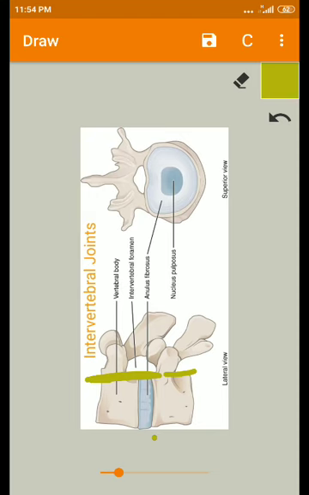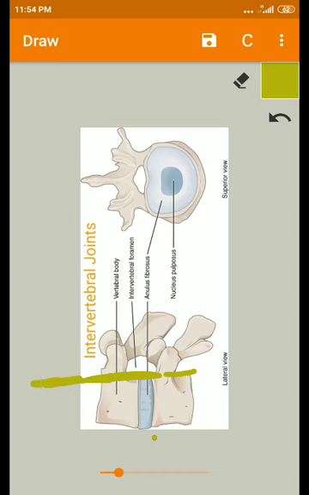Its upper end reaches the axis vertebra, that means the second vertebra, and it also extends as the membrana tectoria. This ligament extends in the cervical region as the membrana tectoria, which we are going to see when we deal with head and neck.